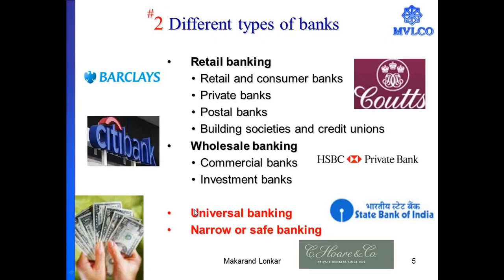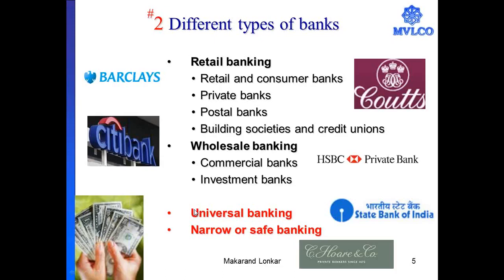As against this concept of universal banking, we have the concept of narrow banking or safe banking. In the narrow banking concept, the banks will only be accepting deposits, and when they lend money, they'll be lending it in a very, very safe way. They'll not be lending it by taking extra risks, or they may be investing this money in very high safety bank or government investments.